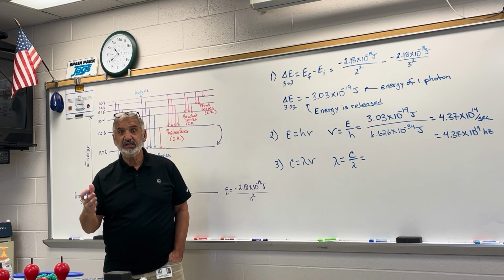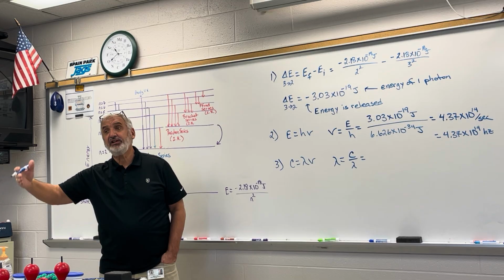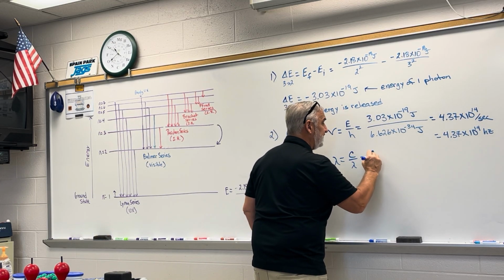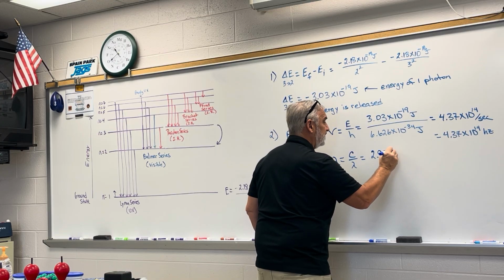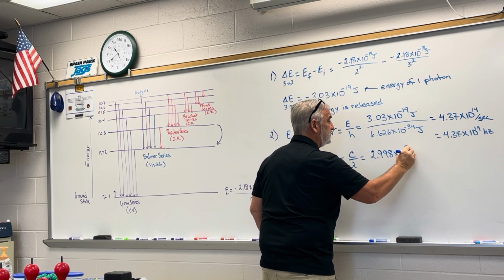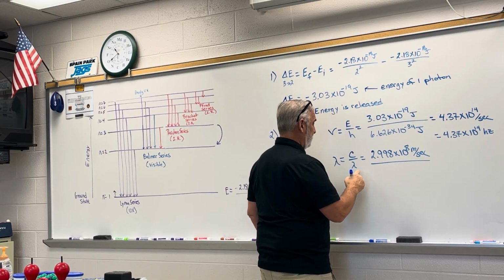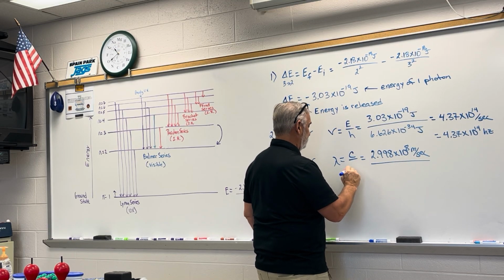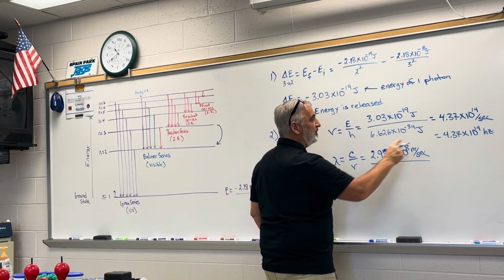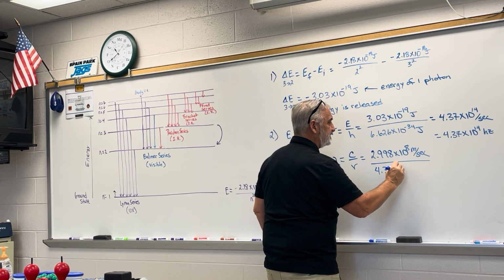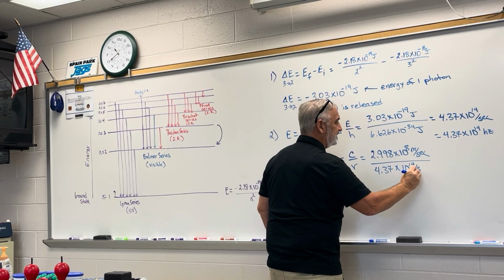It's the speed of light. Again, that value is always going to be given to you, but it happens to be 2.998 times 10 to the 8th meters per second divided by my frequency, what I just found, 4.37 times 10 to the 14th per second.